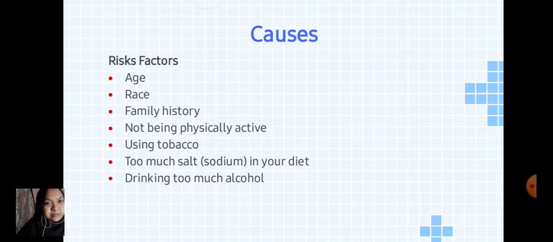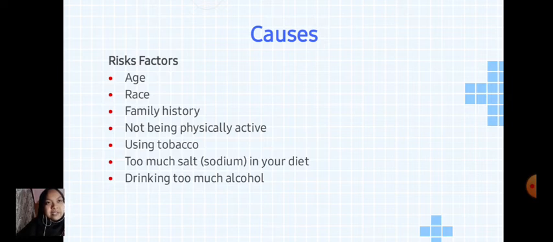And then not being physically active. People who are inactive tend to have higher heart rates. The higher your heart rate, the harder your heart must work with each contraction, and the stronger the force on your arteries.